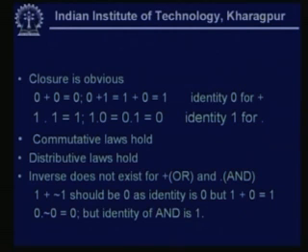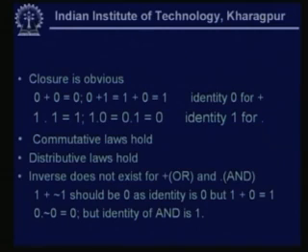Now, we see how the rules are applicable. Just now we have discussed the rules, the properties or the postulates, and the first one is closure. If we take plus and dot as the operators, then closure is very obvious. Here the two elements are only 0 and 1.